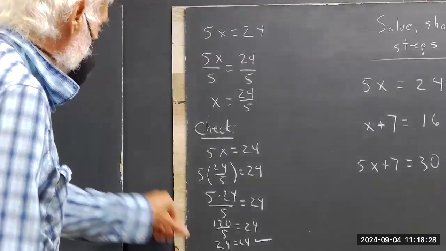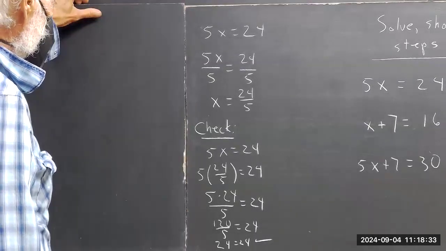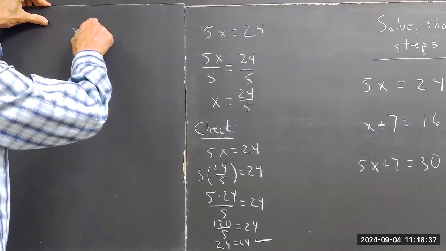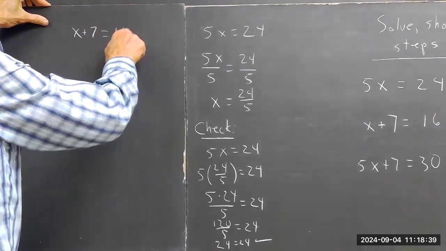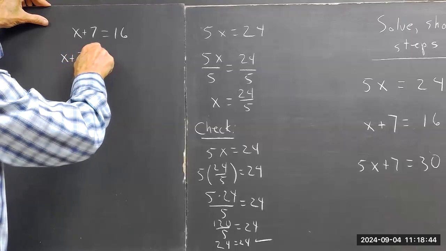Well, the next one is x plus 7 equals 16. Can everybody read this out the way we talked about last time?